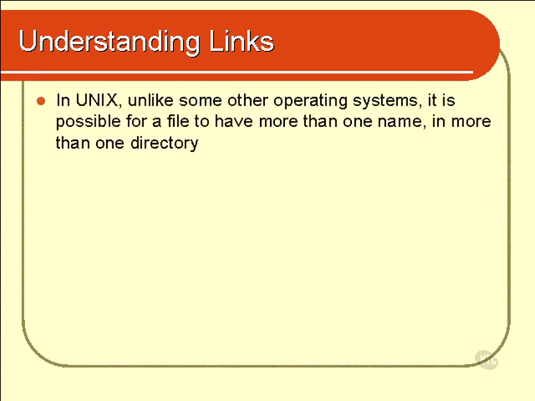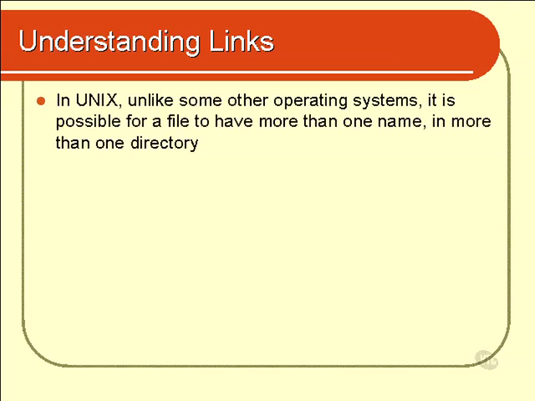Well, I'll start by saying that in Unix it is possible for a given file to have more than one name, and the various names that a file has can be scattered around in various directories. What does that mean? Well, it means that if you've got a given file with some data in it, say the words "the quick brown fox," then that data file obviously has a name in some directory.